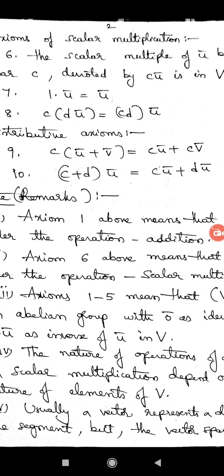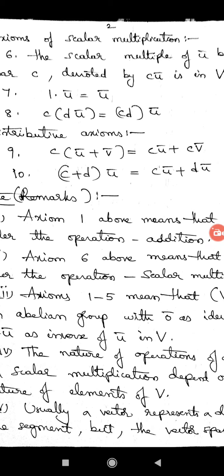That means the scalar multiple of the addition of 2 vectors is equal to the addition of the scalar multiples of u bar and v bar with the scalar c. So c times u bar plus v bar is equal to cu bar plus cv bar.